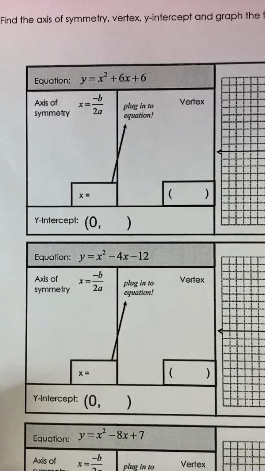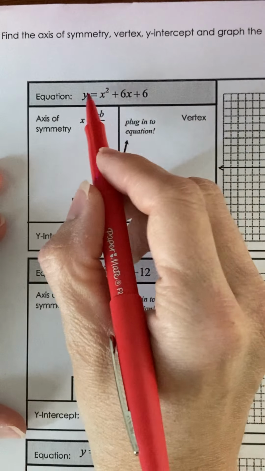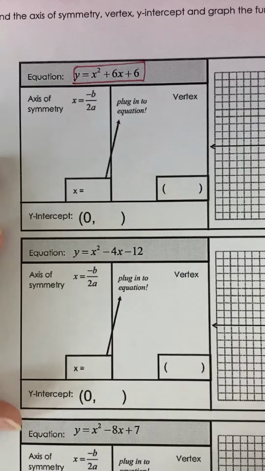If you need to just do a couple, do however many you need to be good at it when you go to Delta Math, because you'll definitely have to find the vertex and the axis of symmetry algebraically on Delta Math. Okay, so for the axis of symmetry, you have y equals x squared plus 6x plus 6.